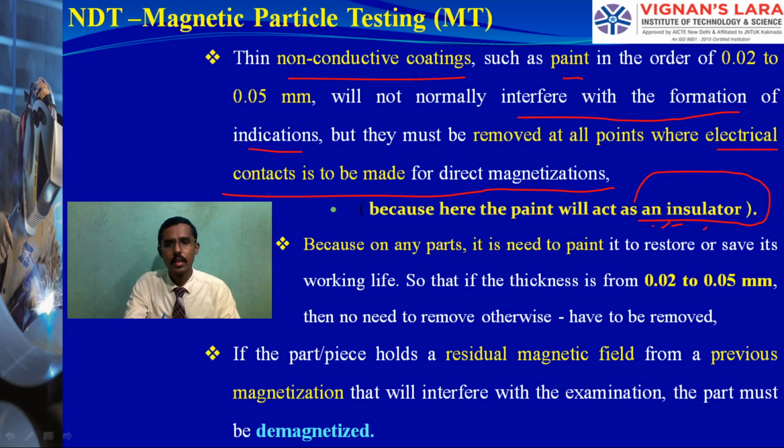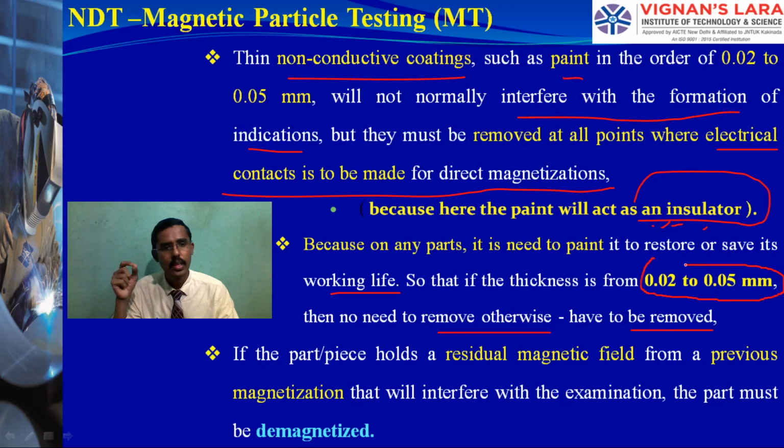Because any part needs to be painted to restore or save its working life. It is nothing but to reduce corrosion. If the thickness is 0 to 0.05 mm, there is no need to remove it, otherwise it should be removed. If the thickness is around 0.0 to 0.05, it is not acting like an insulator. It permits the current flow and the magnetizing.